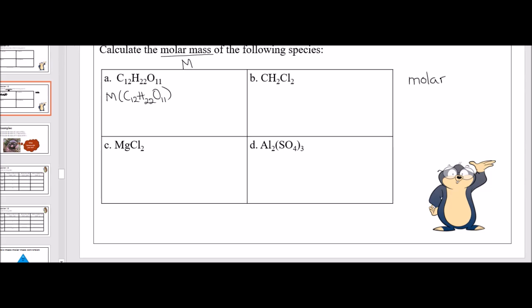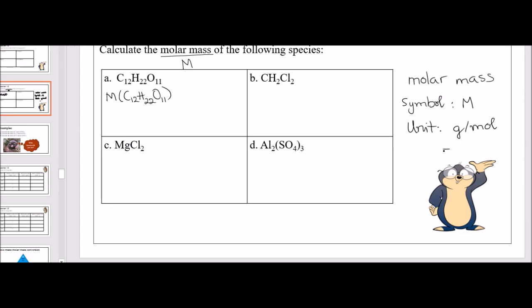So, for example, if the question asks you to calculate the molar mass, the symbol for molar mass, which is the letter we use to indicate that this is the molar mass of something, is M, capital M. Sometimes the textbook has MR, but really it's just M. And the unit for it, because molar mass is the mass of 1 mole of a substance, is gram per mole.